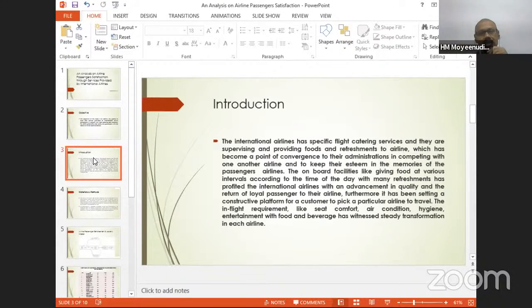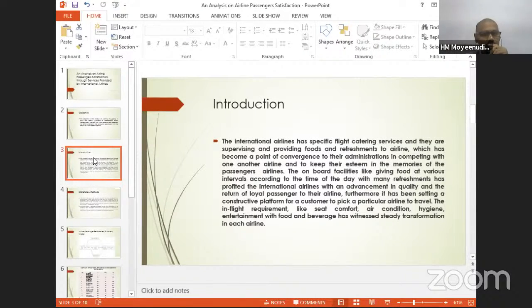The international airlines have specific flight catering services. They are supervising and providing foods and refreshment to airline passengers, which has become a point of convergence to their administration in competing with one another airline, and to keep their esteem in the memories of the passengers.